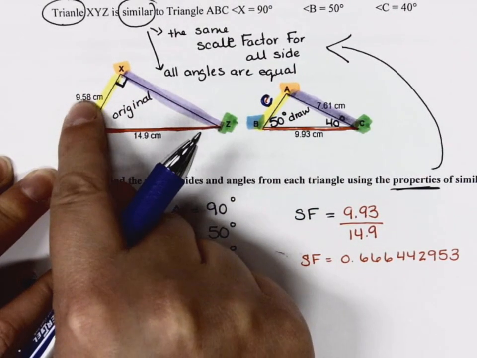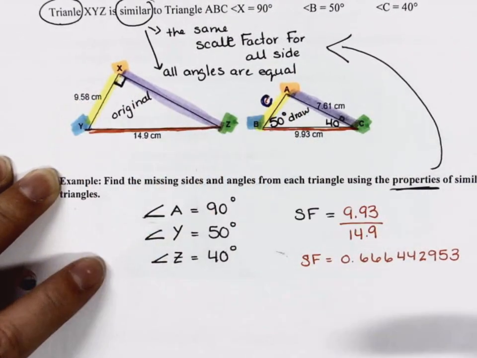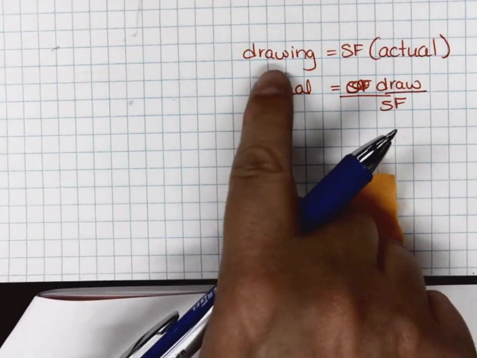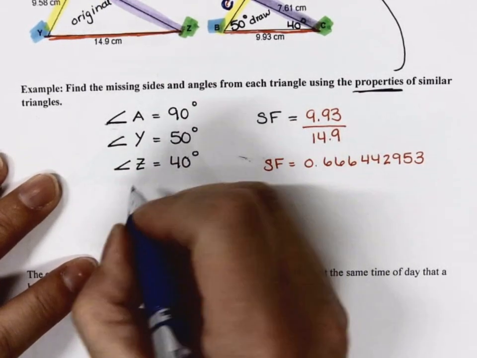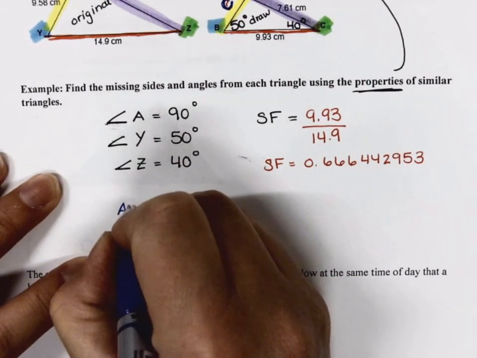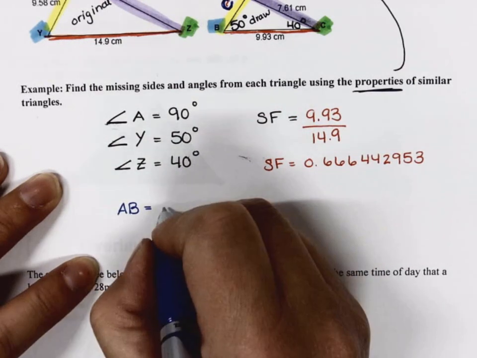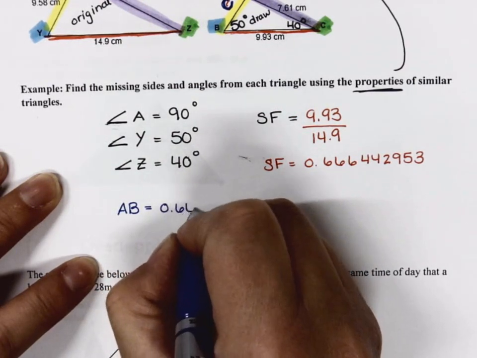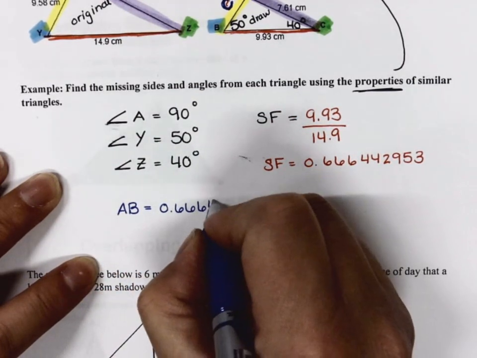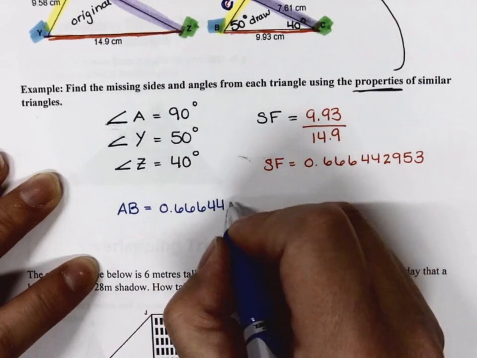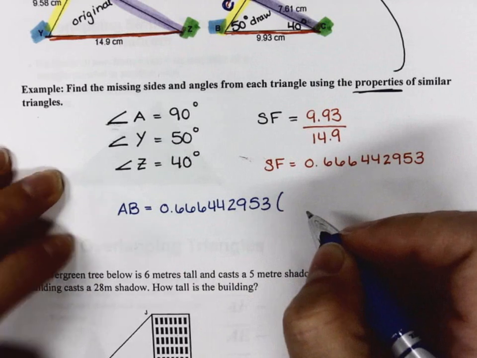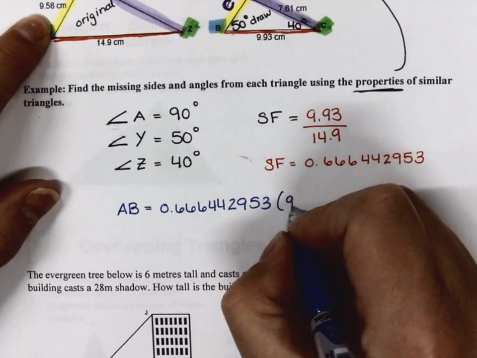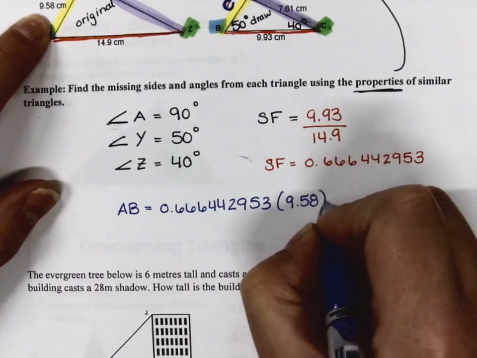If I have the original and I'm looking for the drawing, I'm going to use this formula here. Side AB is equal to the scale factor 0.6442953, times the actual, which is 9.58.